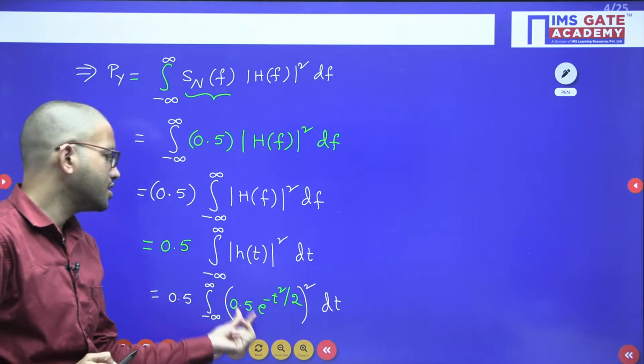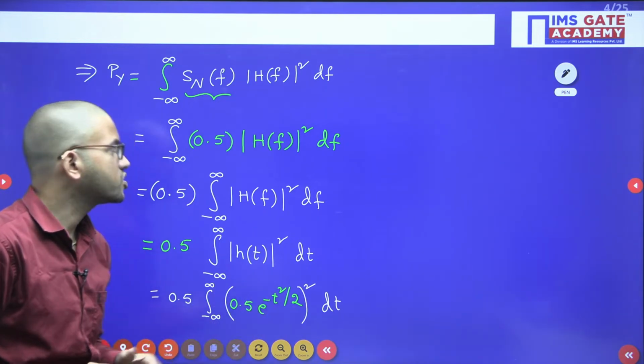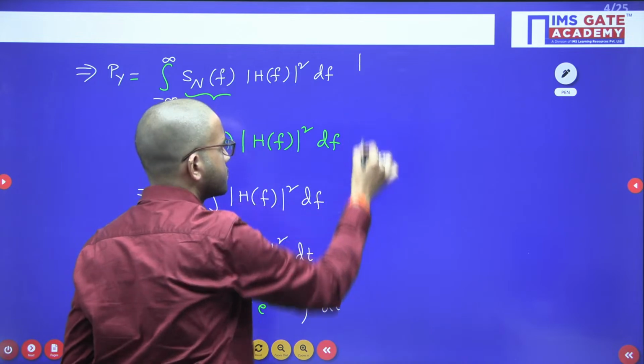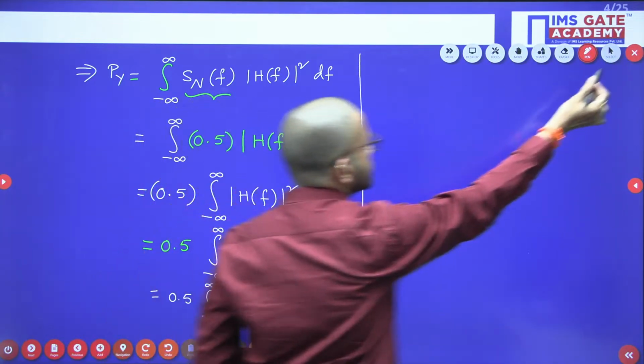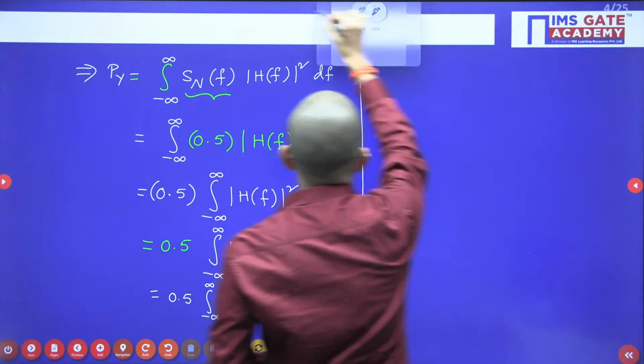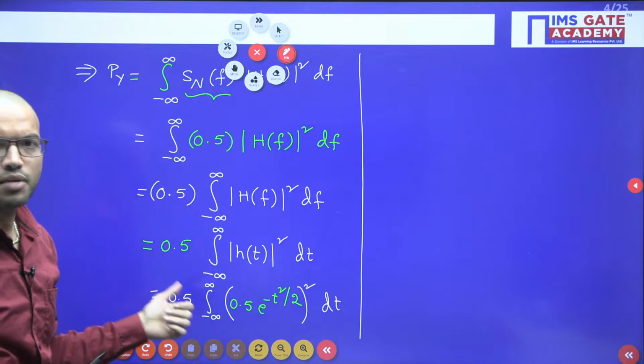H of t in the question is given as 0.5 into e power minus t square by 2. I have substituted it. I hope it is clear for everyone up to this step.